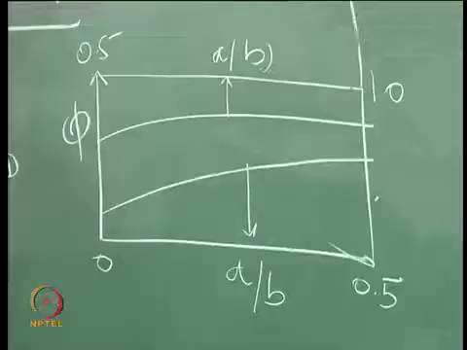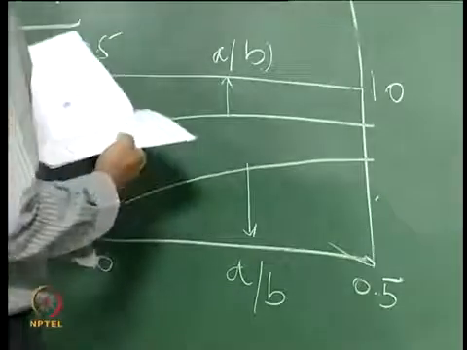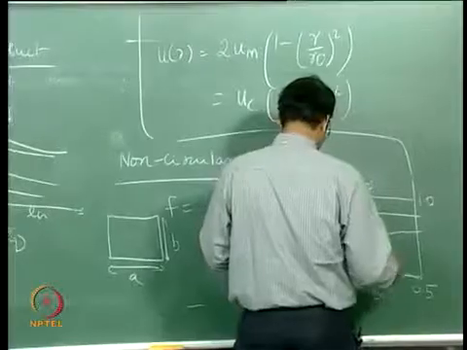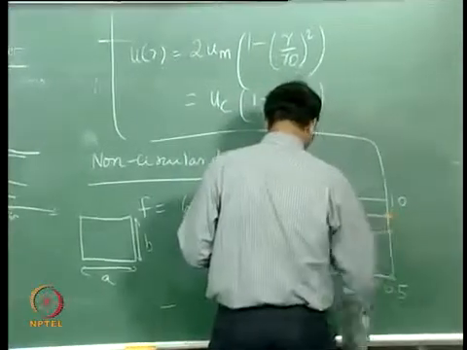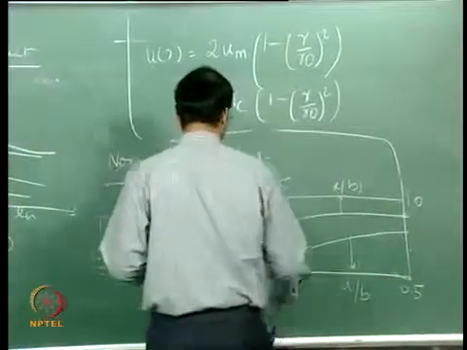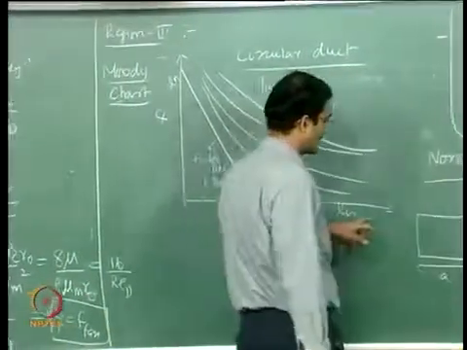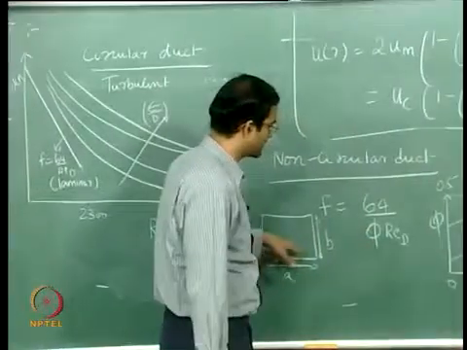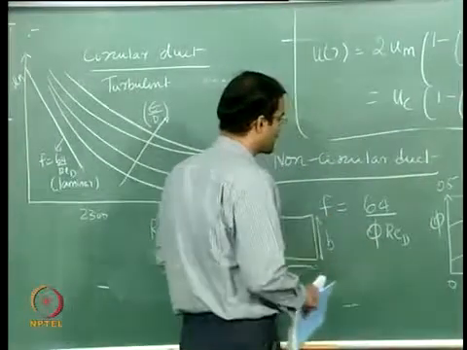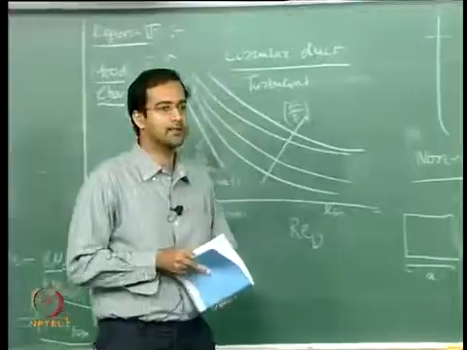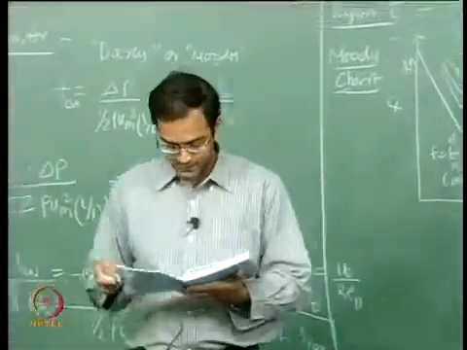So you have to know this factor and plug it in for a non-circular cross section with a different aspect ratio, and that will give you the corresponding friction factor. These are some additional details which you can find in textbooks.